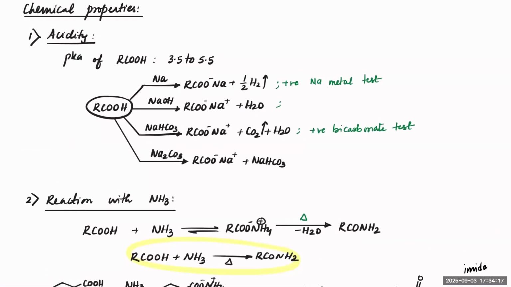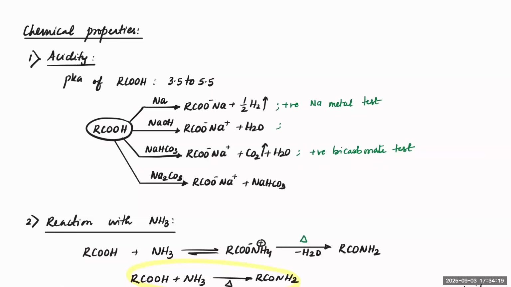What are the chemical properties of these acids? Generally, the pKa value of carboxylic acid lies between 3.5 to 5.5. And when we treat with sodium or NaOH or NaHCO3, Na2CO3, this one provides electrons to remove hydrogen as H2 gas. Here it is an acid-base reaction. OH minus will take H plus.